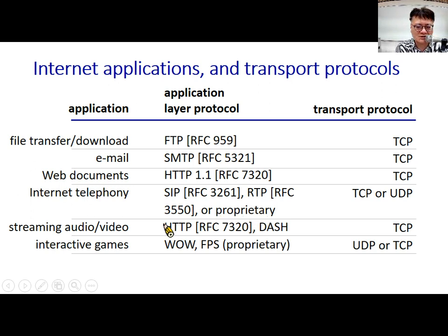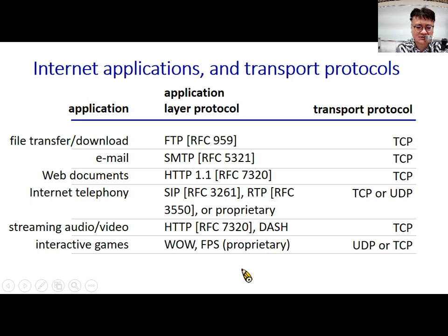And for streaming audio and video, we need to care about the quality, so maybe HTTP, RFC 7320, and DASH over TCP. Interactive games depend on real time or not. If reliable data is very important, TCP, but if we need it as quick as possible, maybe UDP.